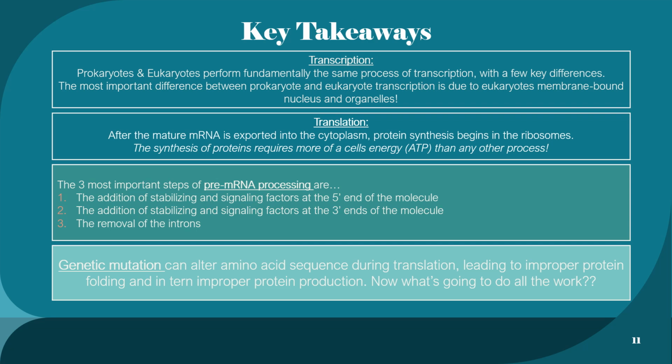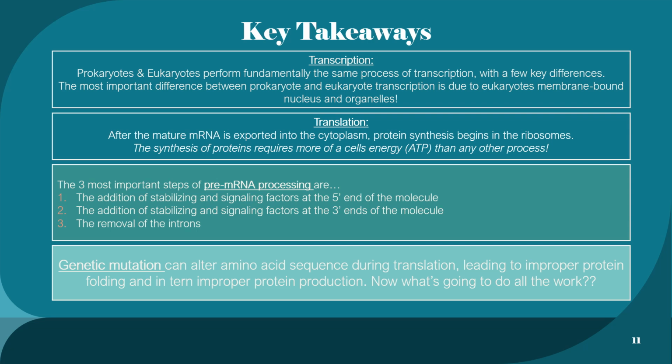And then in the third box here, we have the three most important steps of that pre-mRNA processing, where we add a cap to the 5' end, a tail to the 3' end, and we remove all of those introns that don't code for anything so that we're not wasting our cells' energy trying to code for areas that don't have anything.